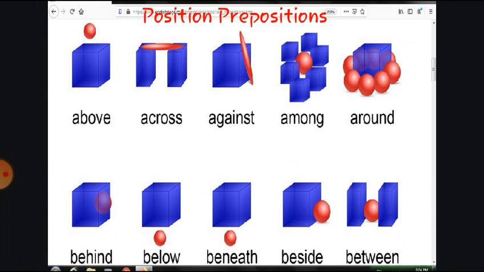They are position prepositions with some pictures. Those position prepositions are here: above, across, against, among, around, behind, below, beneath, beside, between.